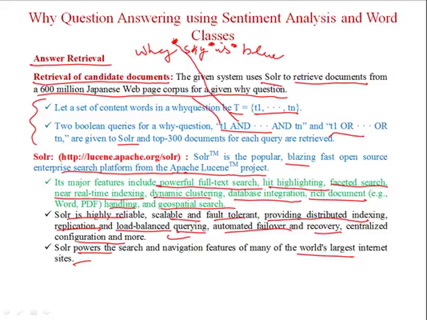It can be represented as term T1, and term T2, and so on, up to term Tn. We can use OR also, and based on that it identifies the top 300 documents.